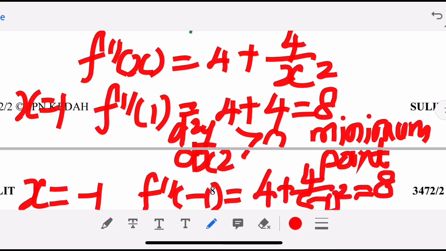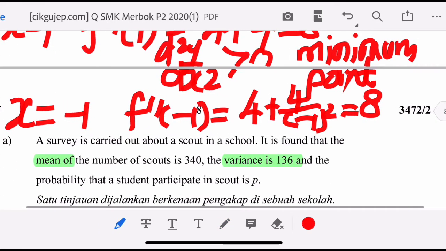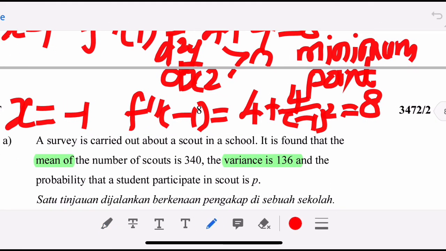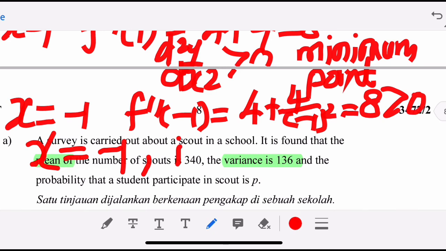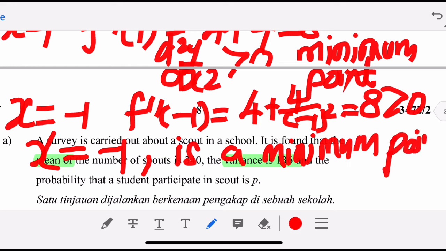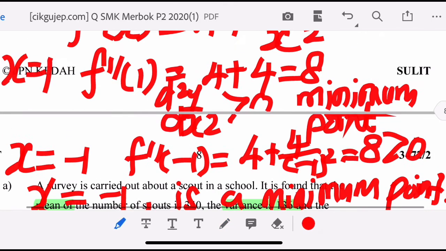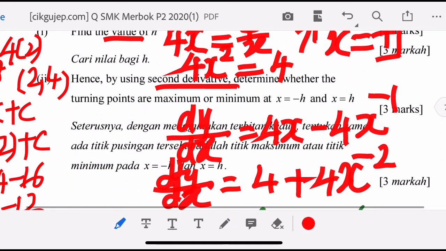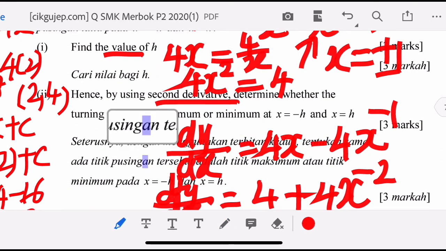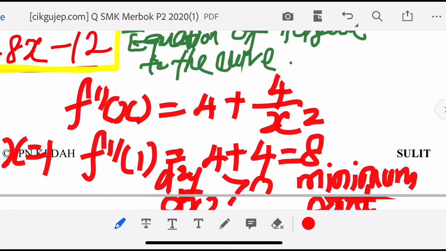It's also 8, right? So it's also a minimum point. That means both points are minimum points. So it happened at x equal to 1 and negative 1. The turning points are actually minimum points.